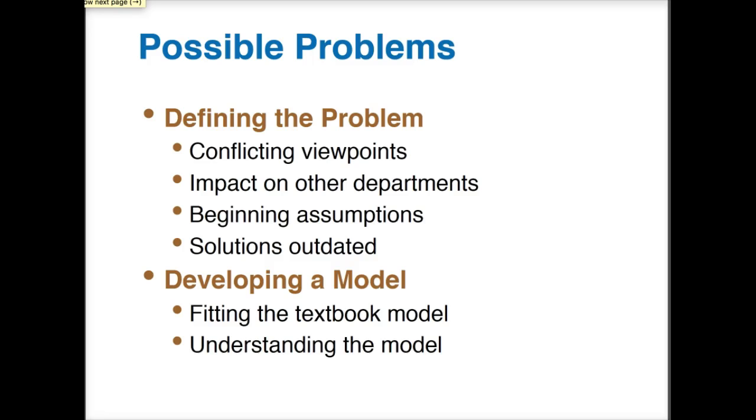There may be conflicting viewpoints on what is important. If you're doing some type of modeling like this, the results may affect certain departments more adversely than others, or it may benefit some departments more so than others.